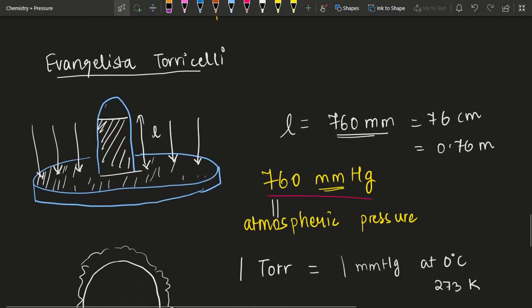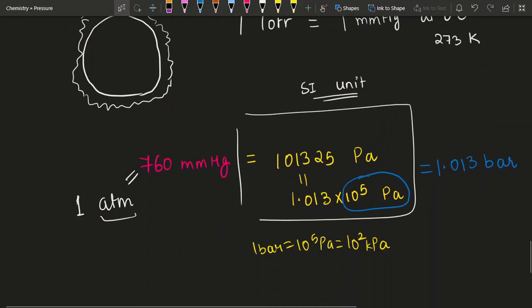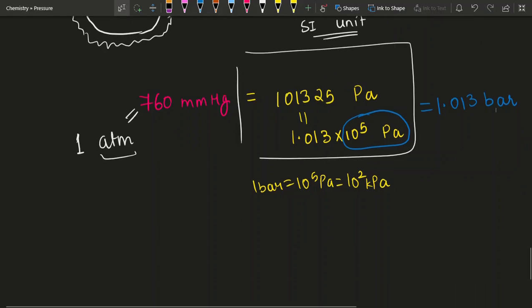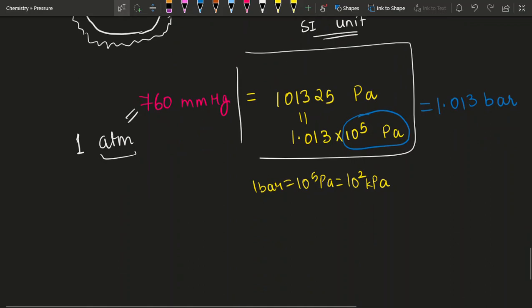We learned a bit about Torricelli's experiment conducted in the 17th century by the brilliant scientist, and we learned a bit about the standard convention that goes on in science. So you have ATM, you have mmHg, you have pascals, you have bars, you have kilopascals, you have psi, and you also have torr. Don't forget torr. So let's do a quick example before ending this video.